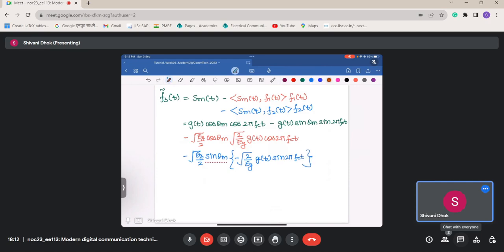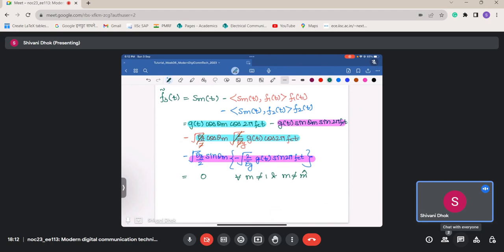Now if we observe carefully, this term and this term are exactly the same, and similarly this term and this term are exactly the same. These are of opposite signs, so they cancel out each other, and therefore f tilde 3 is equal to 0 for all m not equal to 1 and m not equal to m hat.